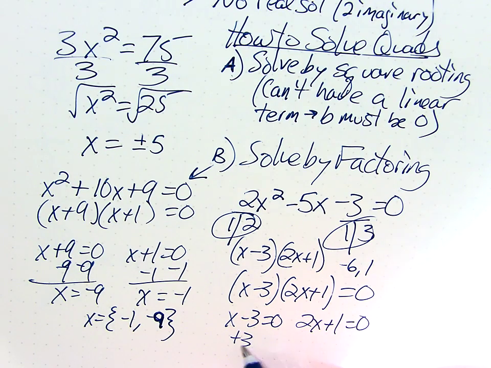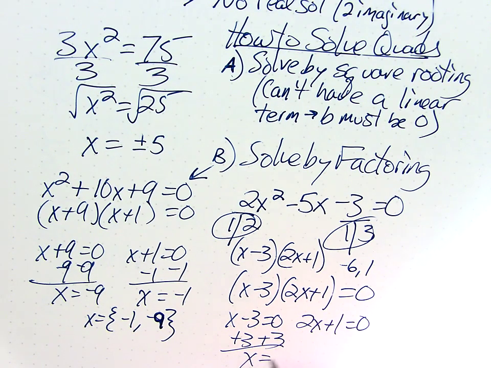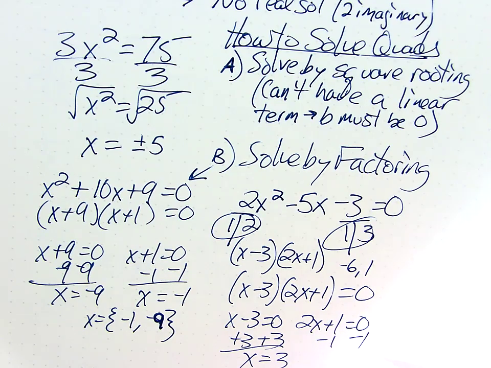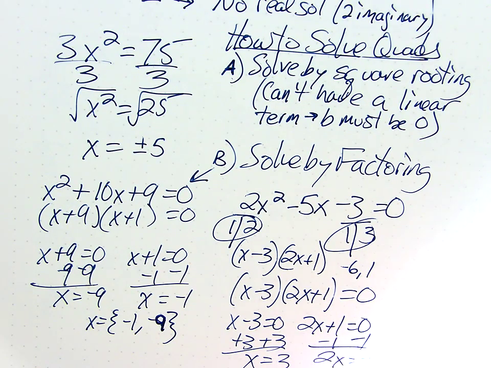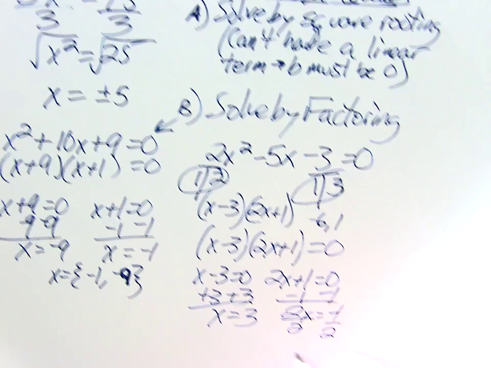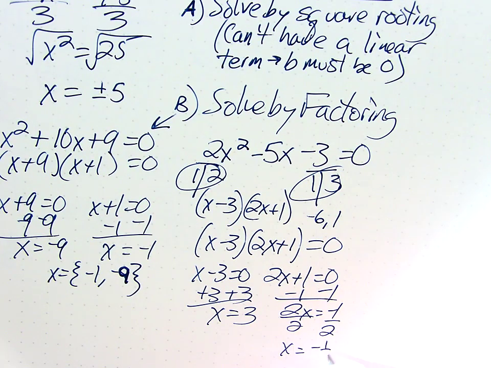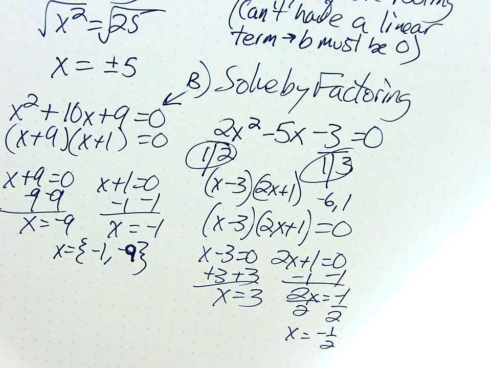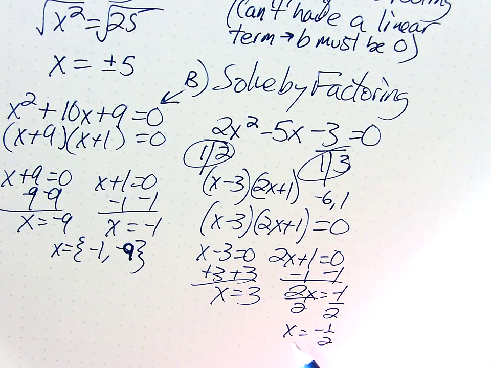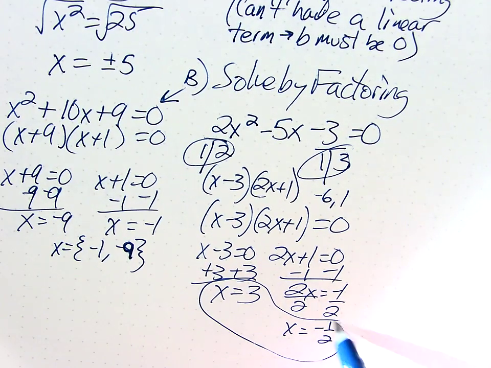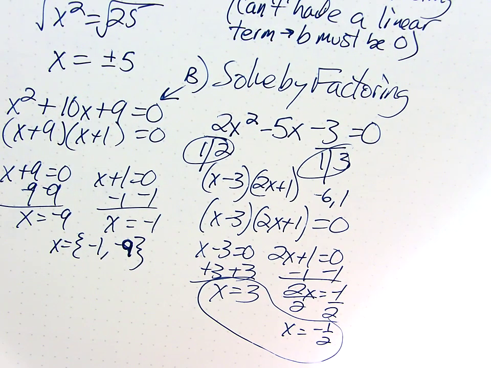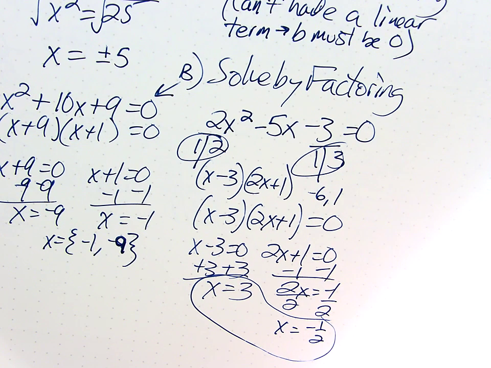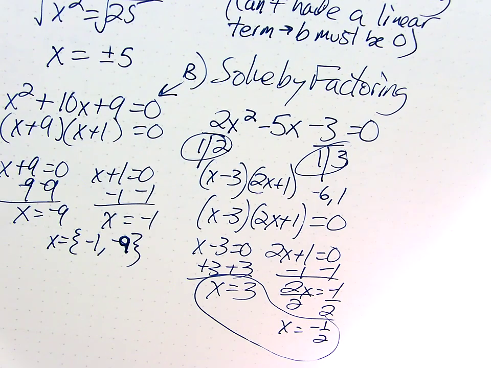And then I just solve each. One of my answers is 3. The other is a negative 1/2. So that is where this one is crossing the x-axis, at those two spots. Okay, so that's solving by factoring.